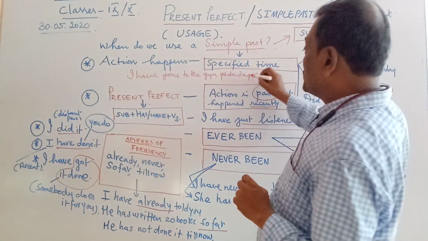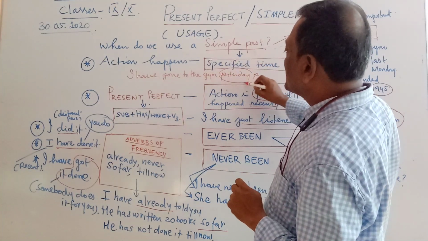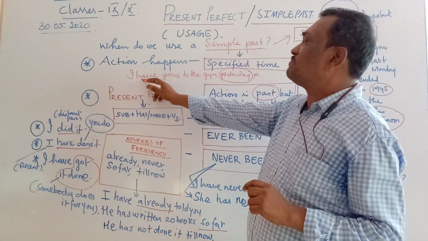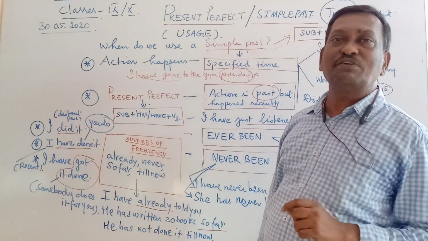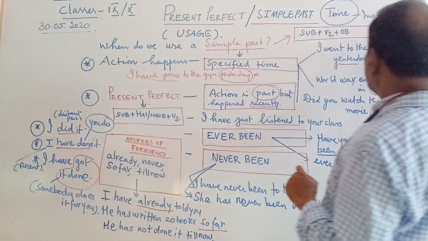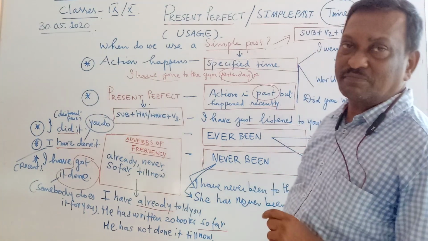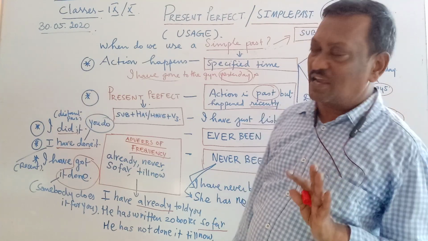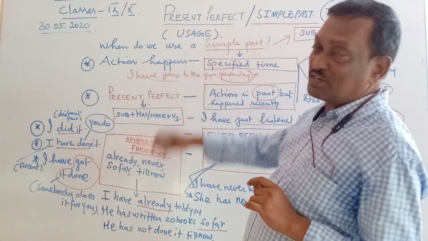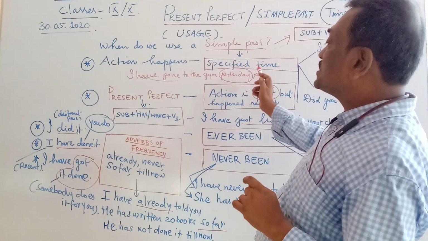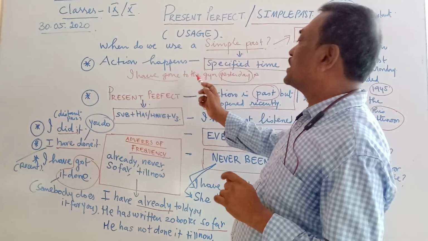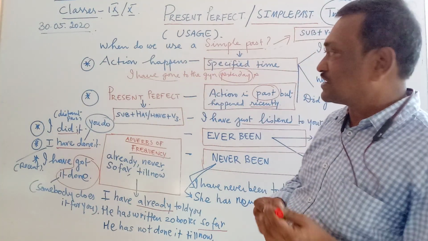Why? Because the time adverb yesterday is used with the present perfect. We never do that. I went to the gym yesterday is the right way of saying it. So, always remember, time adverbs are generally avoided when you write a present perfect tense.